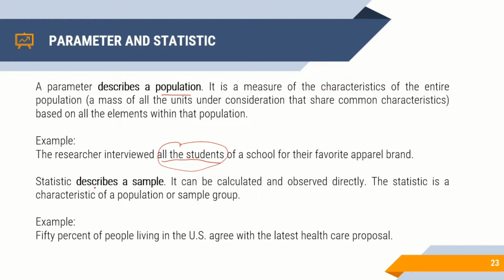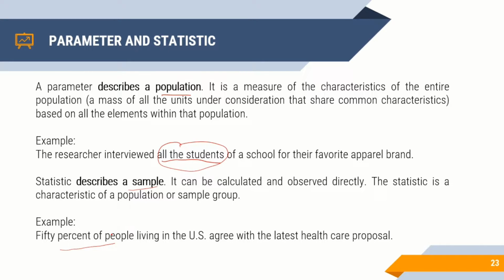It can be calculated and observed directly. The statistic is a characteristic of a population or sample group. For example, 50% of people living in the US agree with the latest healthcare proposal. It is an example of a statistic because it only describes 50% of people living in the US.